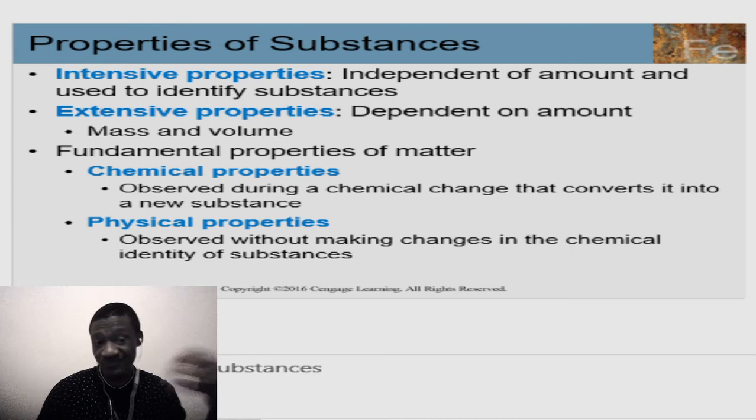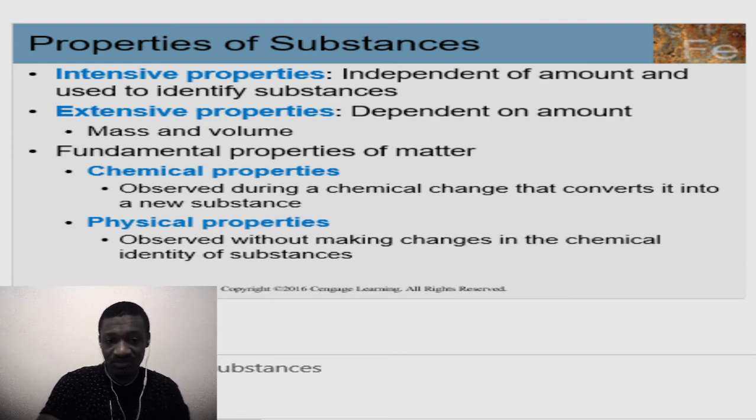The fundamental properties of matter can be chemical properties, and these are properties that you observe during chemical changes that convert it to a new substance. When you mix stuff and you see a reaction, that is chemical. You have reactants, you have products, and then you have a reaction. The physical properties can be observed without changes in the chemical identity of the substance.